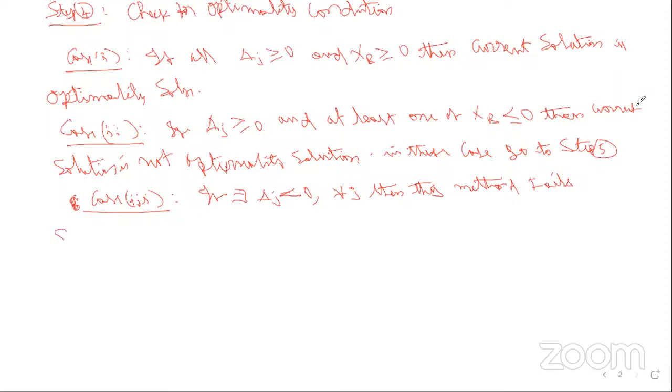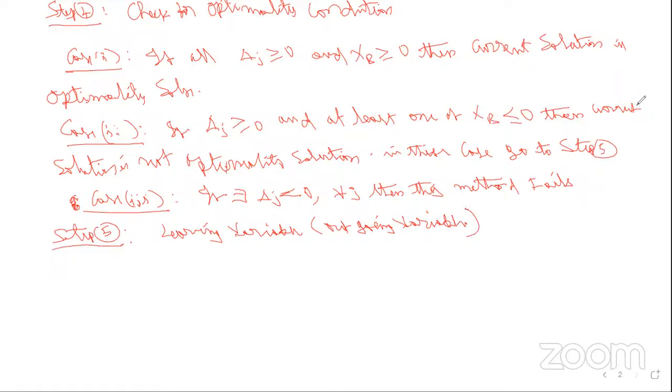Step 5: Leaving variable, which means outgoing variable.